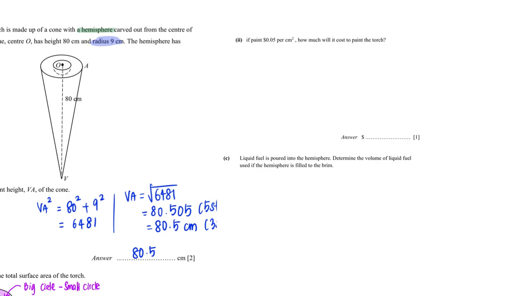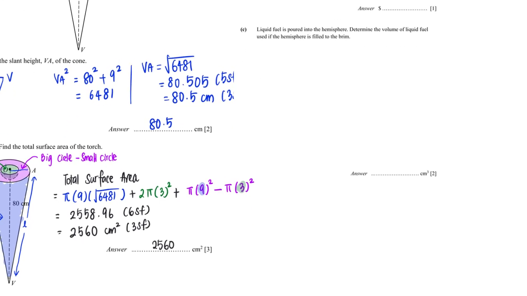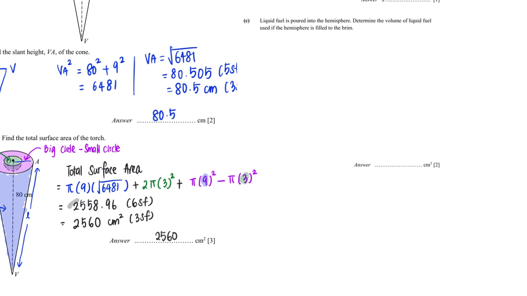If I were to paint at 5 cents per cm square, how much will it cost to paint everything? Well, I've gotten my surface area and I need to paint everywhere.